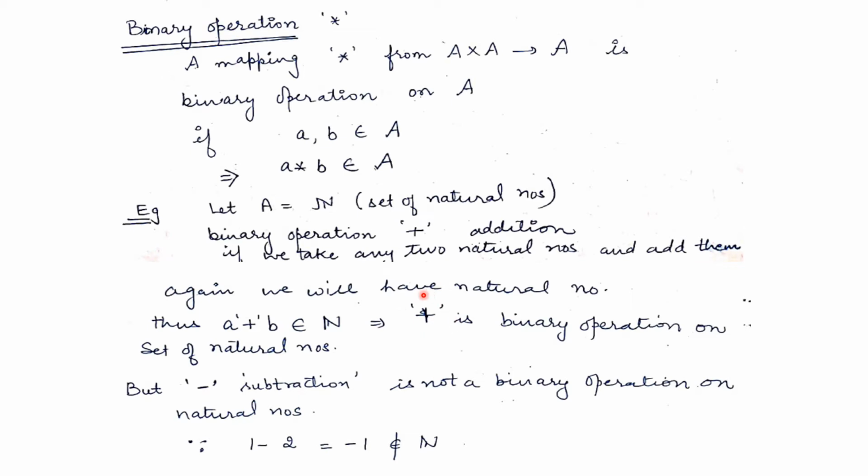Closed under means if we consider any two elements of the set and apply the operation, and it is again an element of that set, we say the set is closed under this binary operation addition. So this is another way to say binary operation.